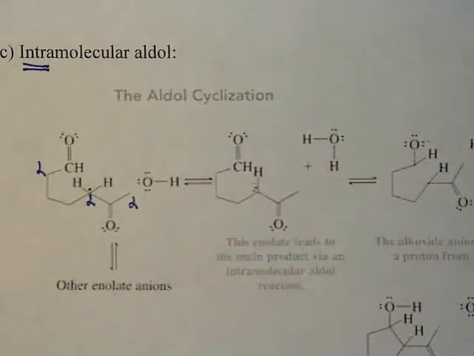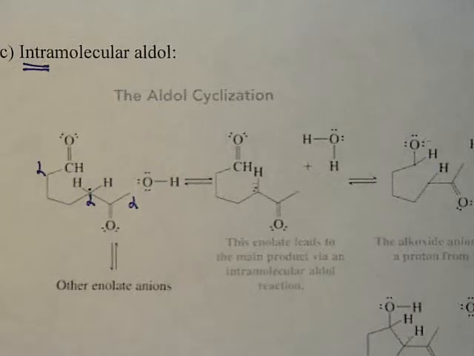Now in this example we have an aldehyde and a ketone, and as you know from unit 2, which of the two is better at serving as an electrophile? Which is more reactive towards a nucleophile, the aldehyde or the ketone?